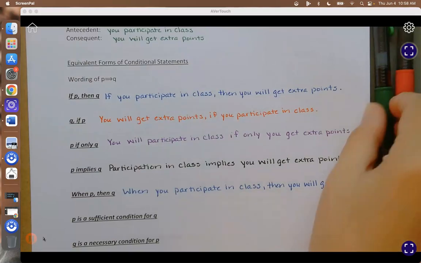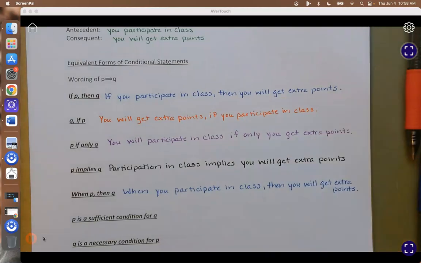Now this one, participating in class is a sufficient condition for getting extra points. All right.